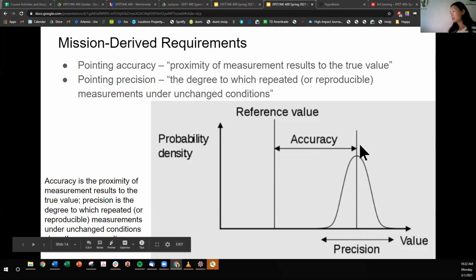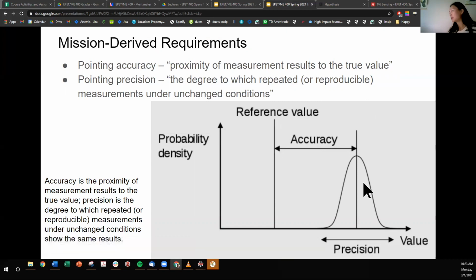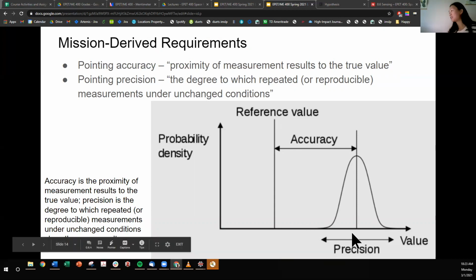And your accuracy would be that difference between the performance expected value and your reference value. Your precision is the degree to which you can repeat or reproduce measurements or performance. So it's like this spread. So accuracy is difference between reference value and expected value. Precision is what standard deviation you can control that or measure within.